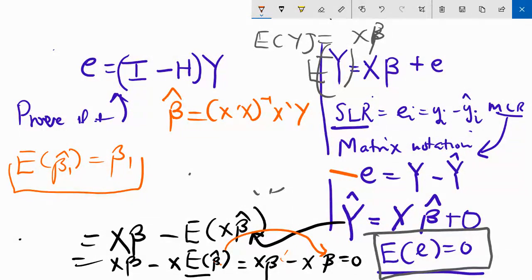Any question? So solve these problems, guys. Can you see they're not difficult? They're not difficult, guys.